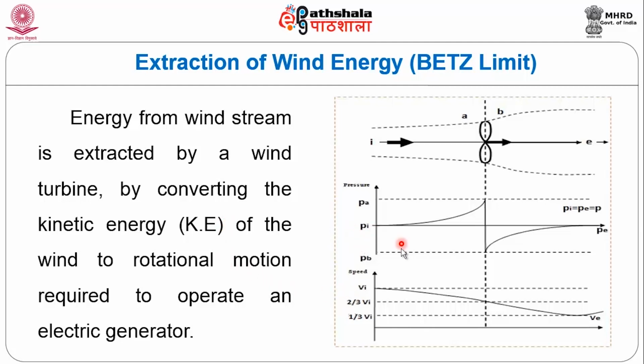And this is the profile about the Betz limit, and here this is a blade, wind is flowing before the blade and the wind is coming after the blade. And so we make two sectors here, before the blade and after the blade.